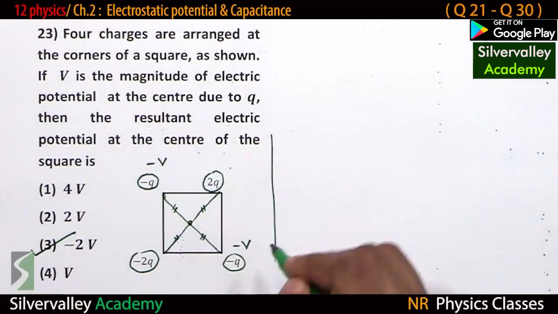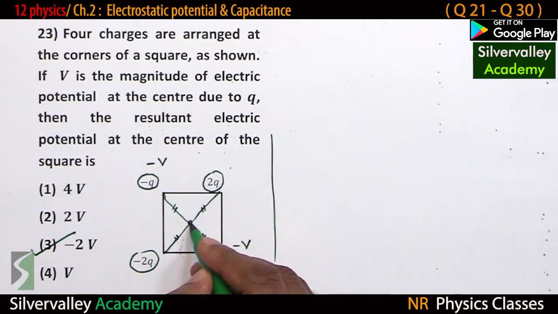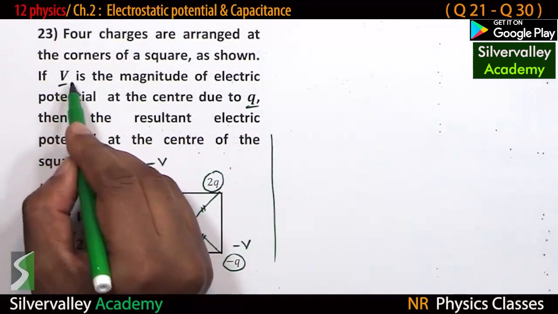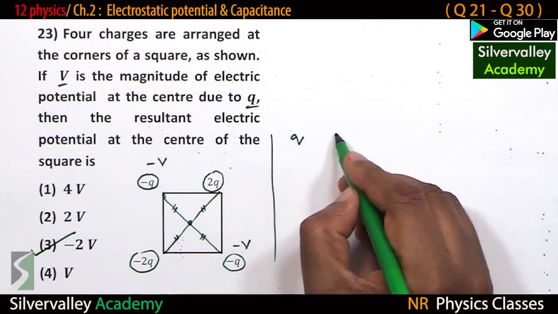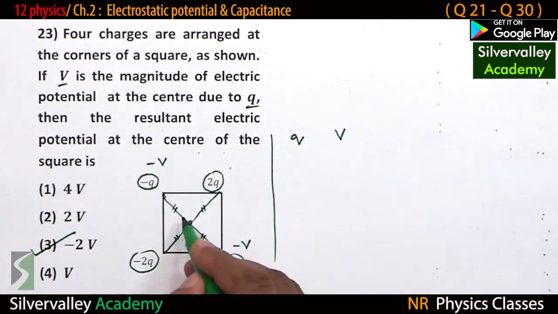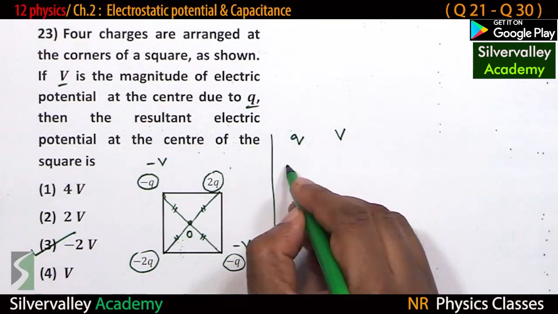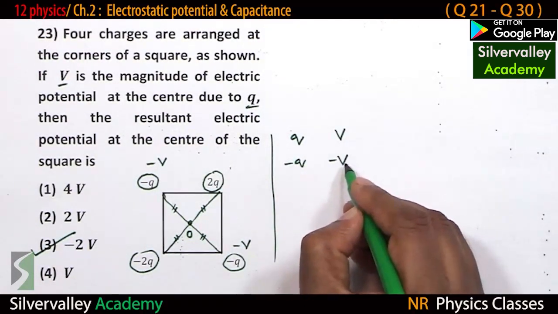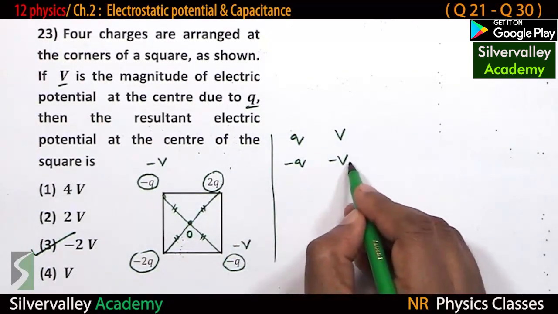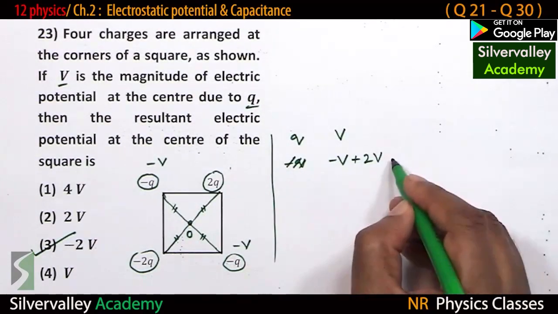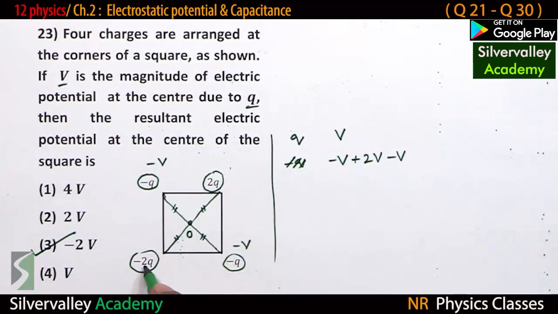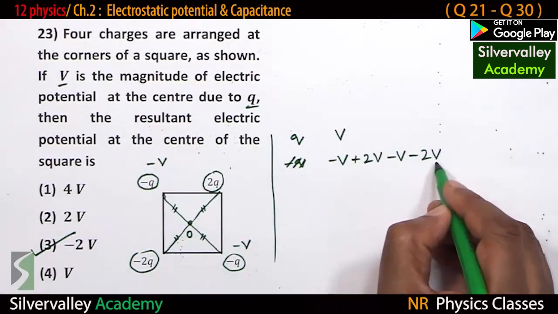Now, potential at this point due to charge Q is V. This is given, right? So, because of charge Q, potential is V. Because of minus Q, potential at O, the center of this square, is minus V, because of 2Q plus 2V, because of minus Q minus V, because of minus 2Q minus 2V.